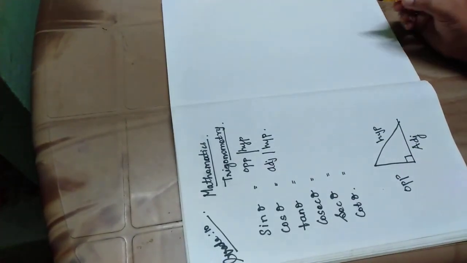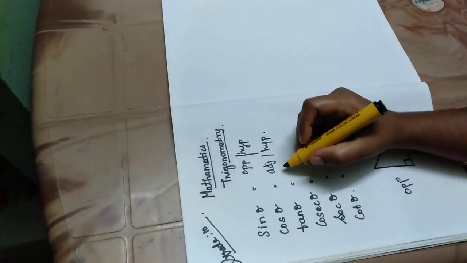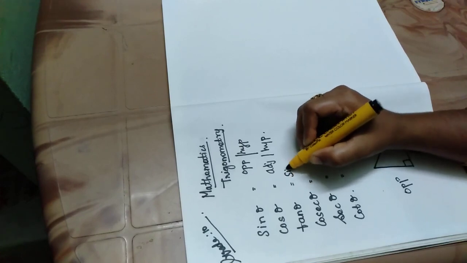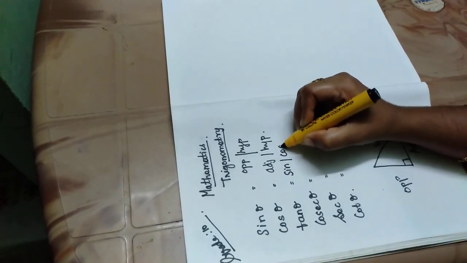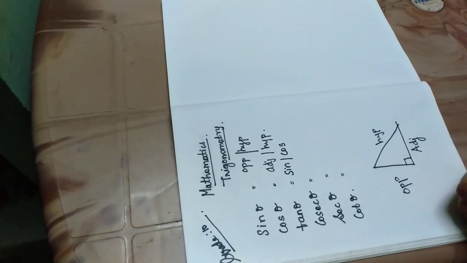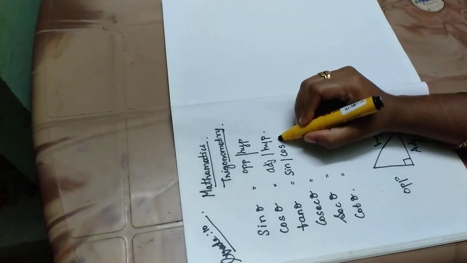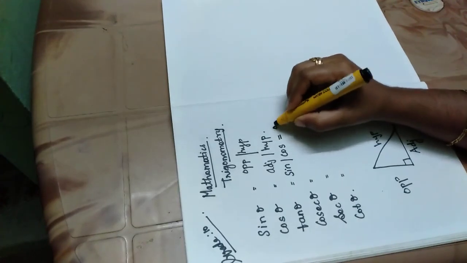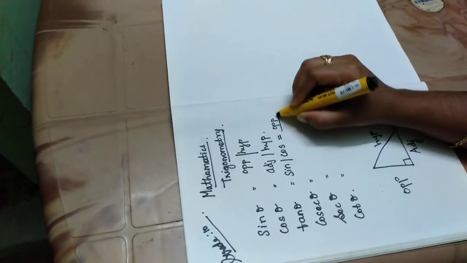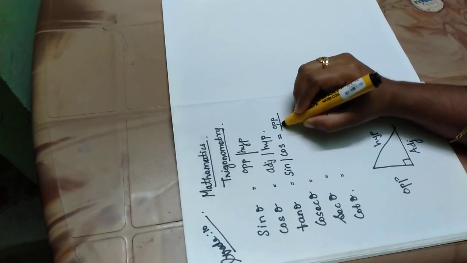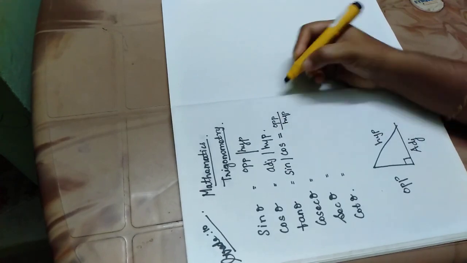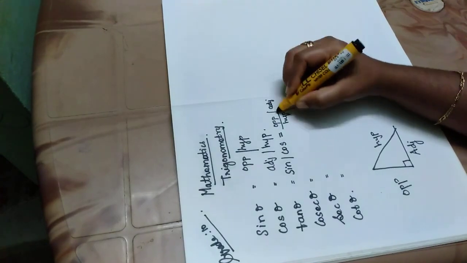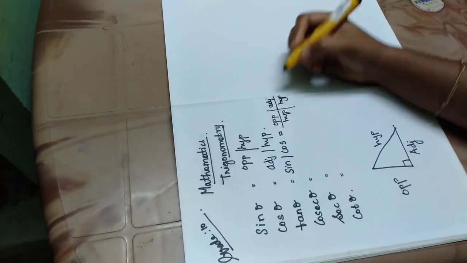Now tan theta. You all know the common formula for tan theta: sin divided by cos. So opposite side divided by hypotenuse, the whole divided by adjacent side divided by hypotenuse.